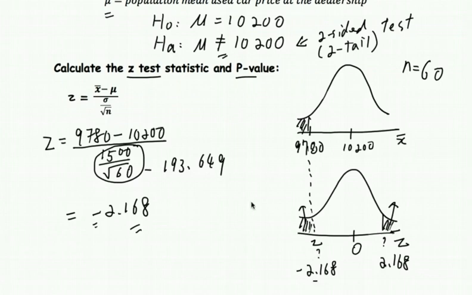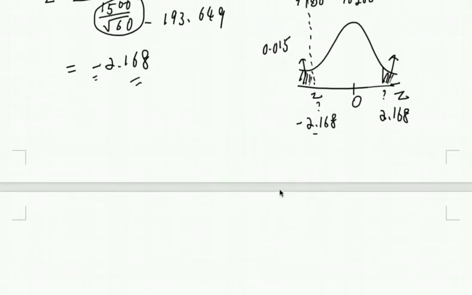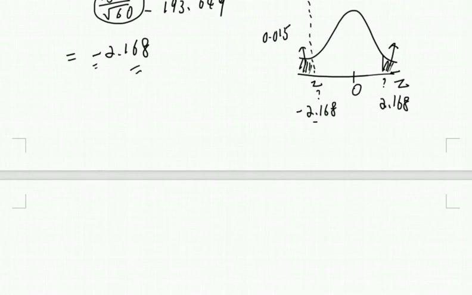It should be 0.015. Now, since the z graph is symmetric, the left tail area is going to be exactly the same as the right tail. So this is 0.015 for the left tail. The right tail will also be 0.015.